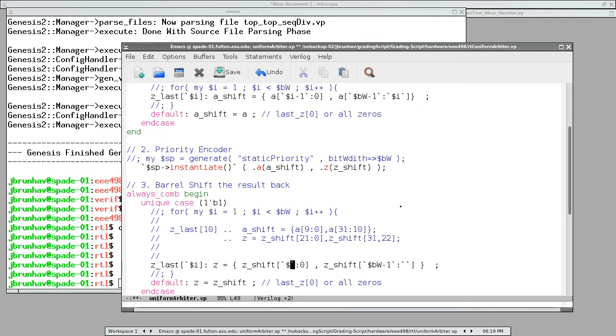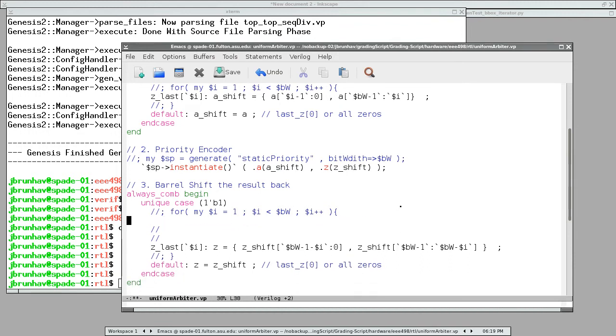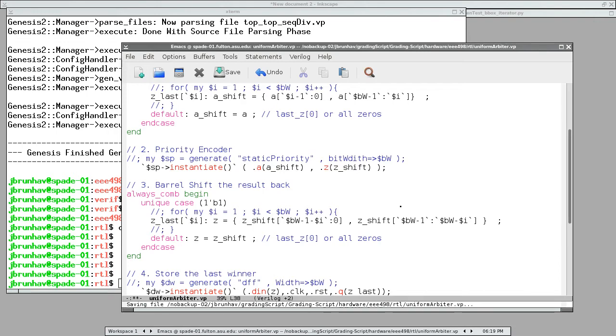So we're just going to write that, BW minus 1 minus i. Perfect. And then 22 is BW minus i. All right, so let's hope that that's pretty reasonable.